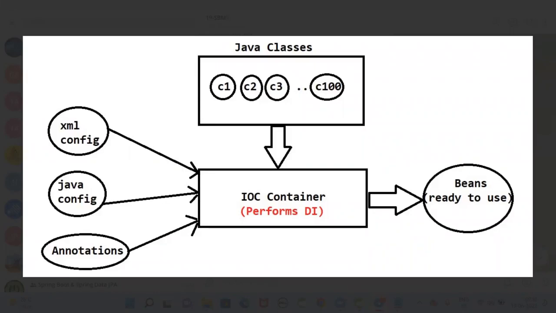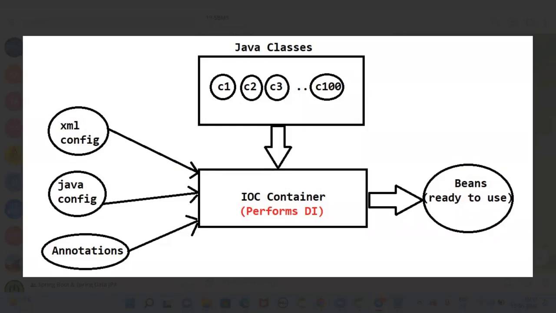So for this, we need to create a configuration. That configuration we will supply as an input for the IOC container. That configuration will help the IOC understand how to manage the dependencies.